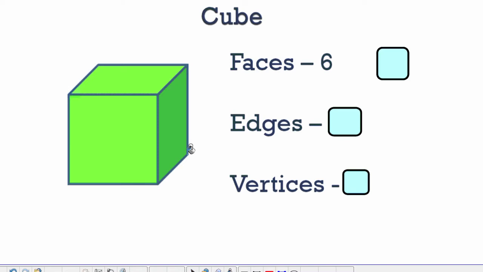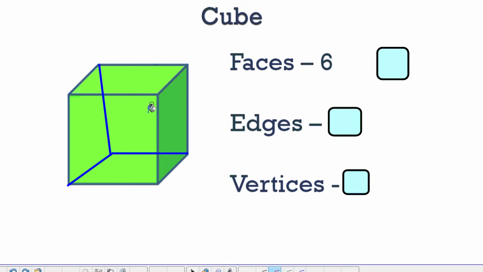If we're looking at the edges, we can see these, but there are also some other edges that we can't see that are on the back of the shape. I'll try and draw that line again. It's not much better. So we can count the edges.